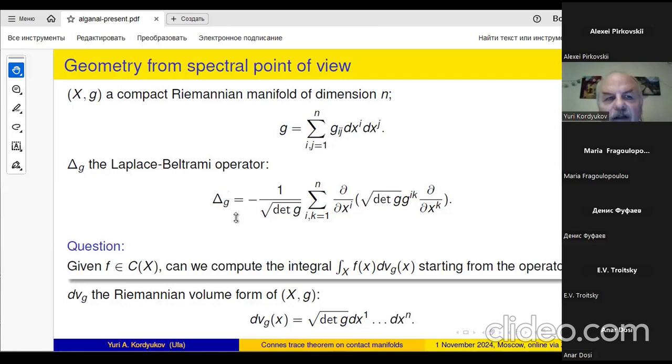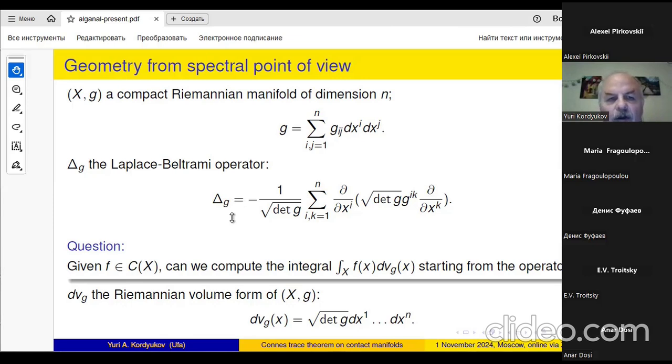So let's take the Laplace-Beltrami operator. This is the initial data, so we want to develop geometry from the spectral theory of this operator, from operator theory, from this operator in a Hilbert space.